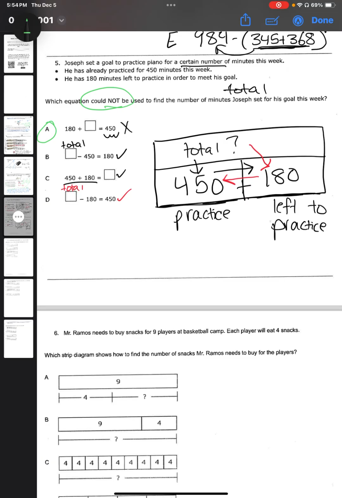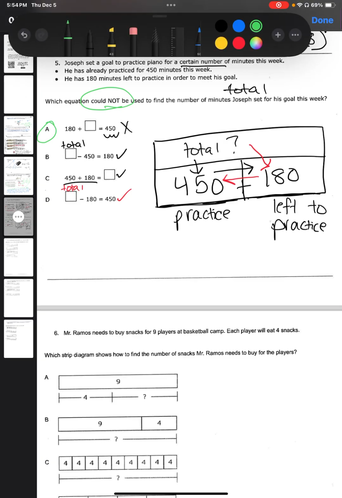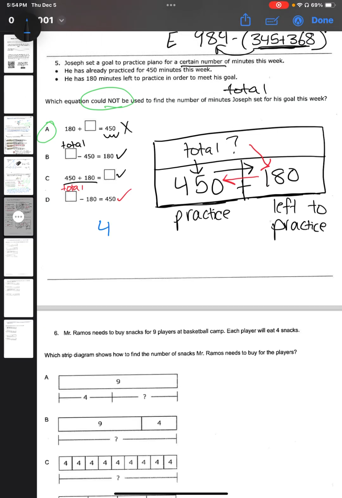When you look at 5, another thing that you could do, because they do give us all the parts, there's not a missing part or anything like that. You could go ahead and add your 450 plus 180 and find your total and fill that in, 630.